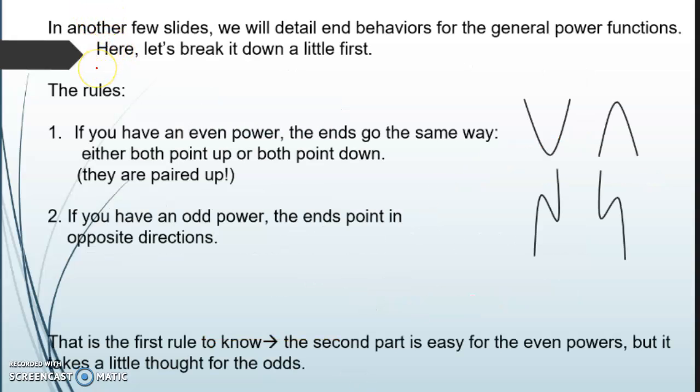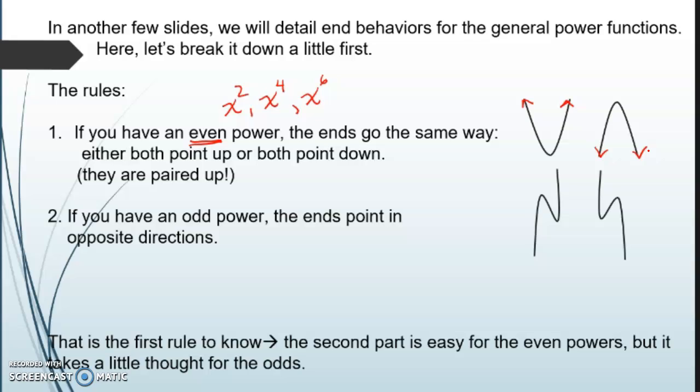All right, we'll detail them in another few slides, but for right now, if you have an even power, so you've got x squared, x to the fourth, x to the 8th, any even power, the ends go the same way, up or down.